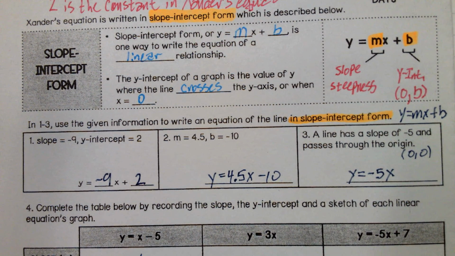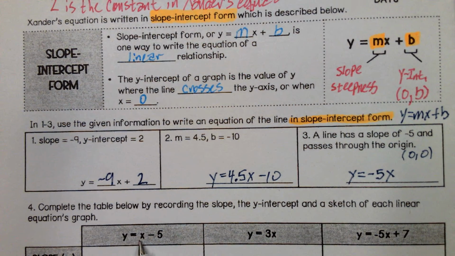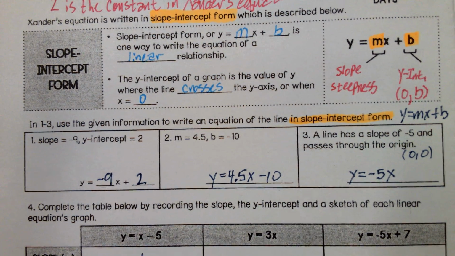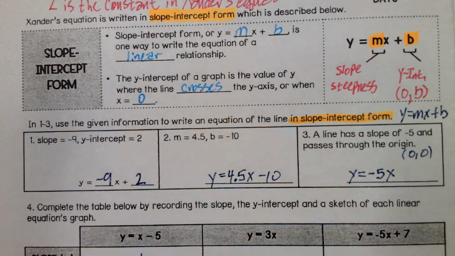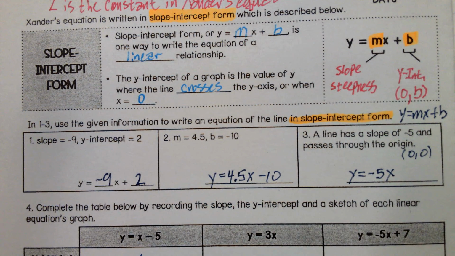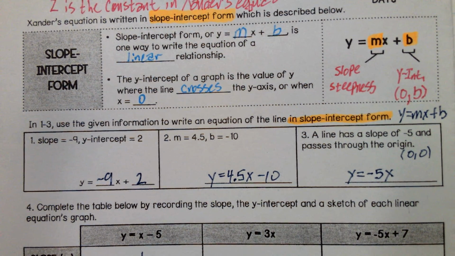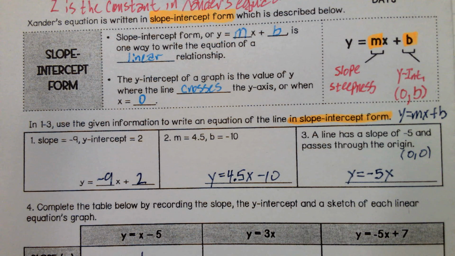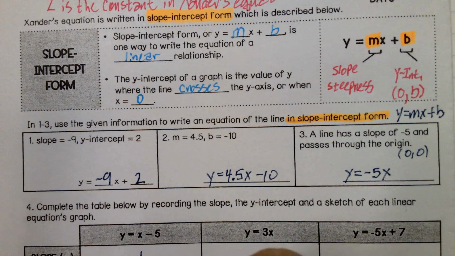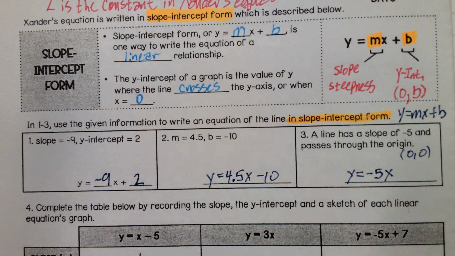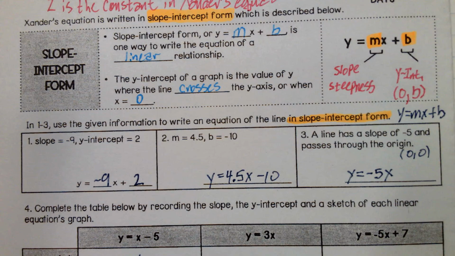But what's the coefficient when there's no number in front of your variable? 1. So because of that, it's 1. What might the y-intercept number be? -5. Okay, so you can look at the equation and pull out that information.